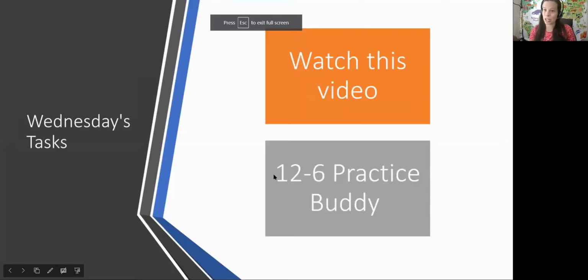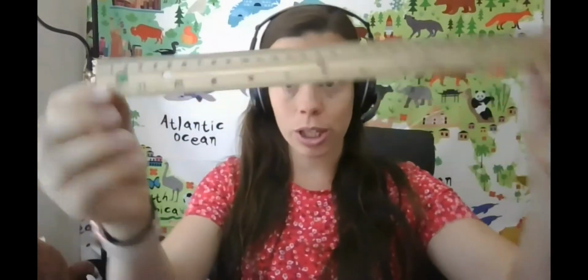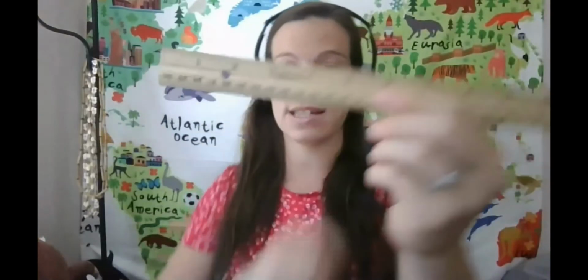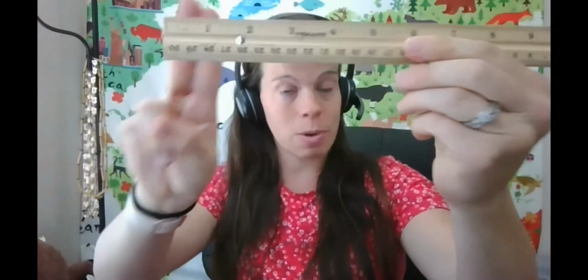Today, what we're going to talk about is the difference between centimeters and meters. Now, let's look at my ruler here. So here's my ruler. It has these spaces right here that are about 2 fingers wide. Those are inches. We practiced that last week and on Monday, okay? Inches, about 2 fingers. Now, if you flip your ruler over, you have cm.